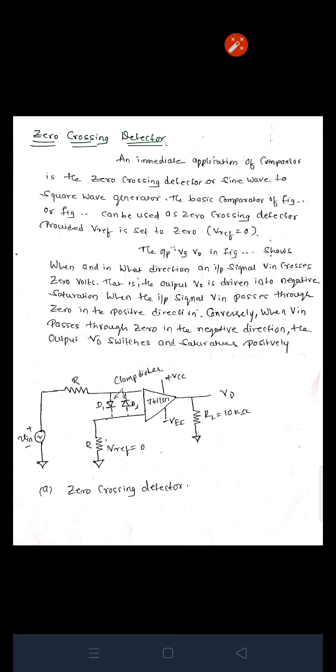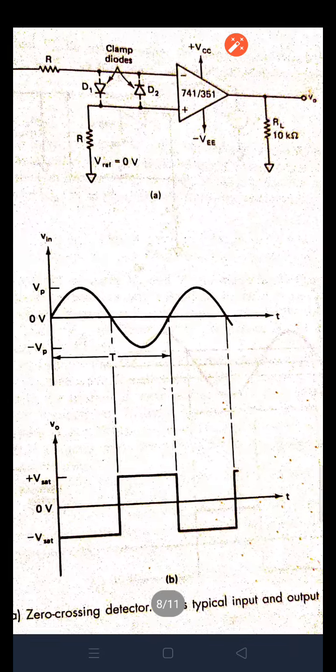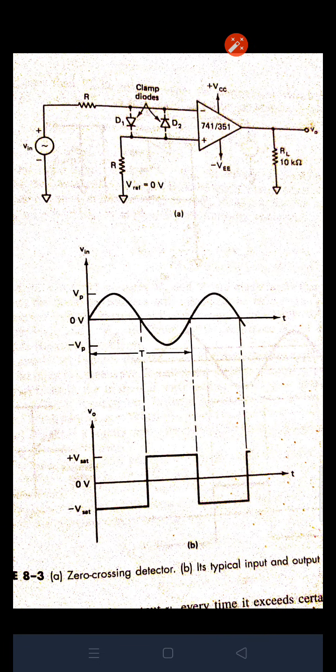Here our V reference voltage is set to 0 for the zero crossing detector. The output voltage V0 shown in the figure indicates when and in what direction the input signal Vin crosses 0 volt.